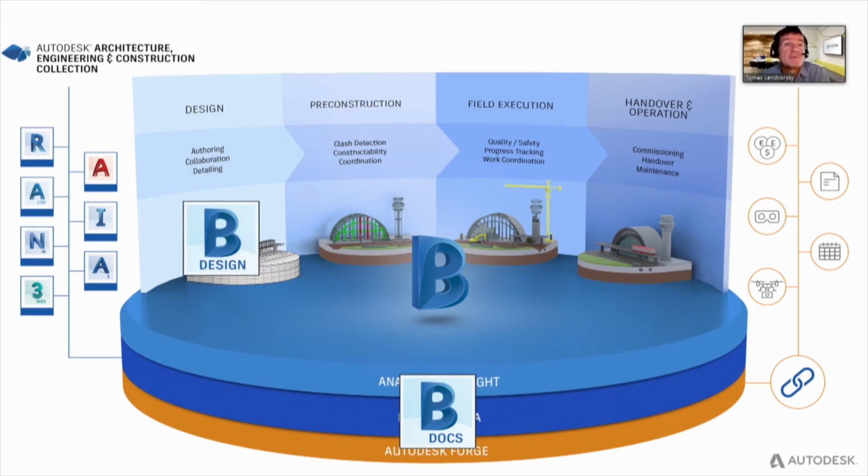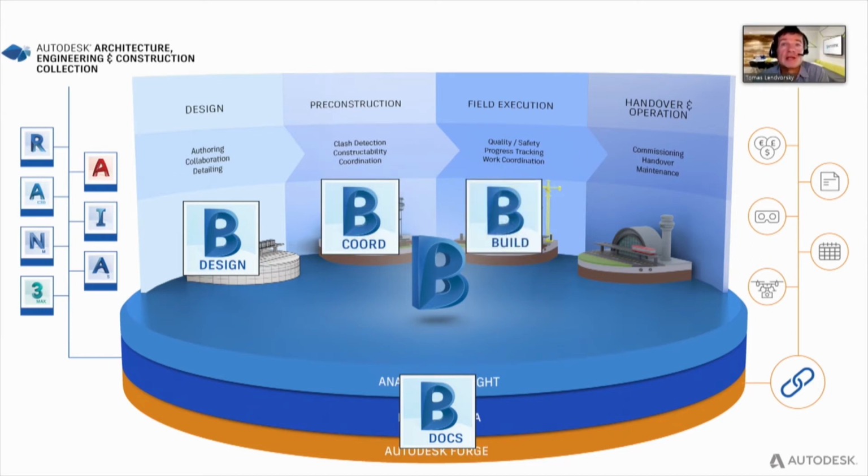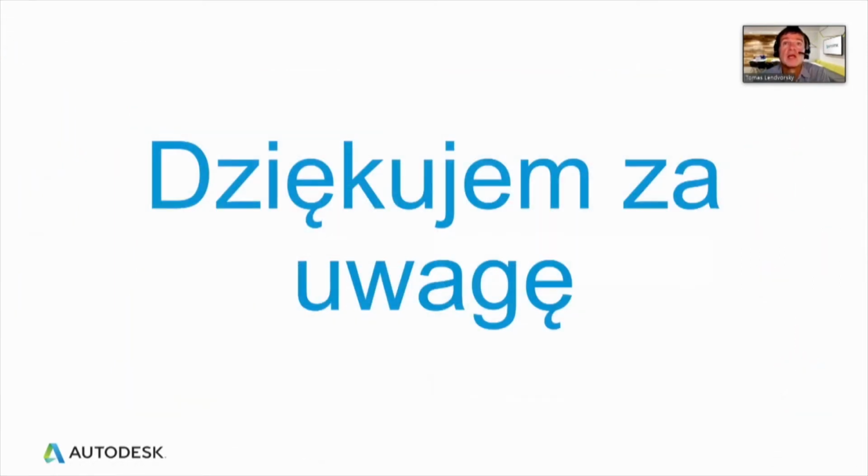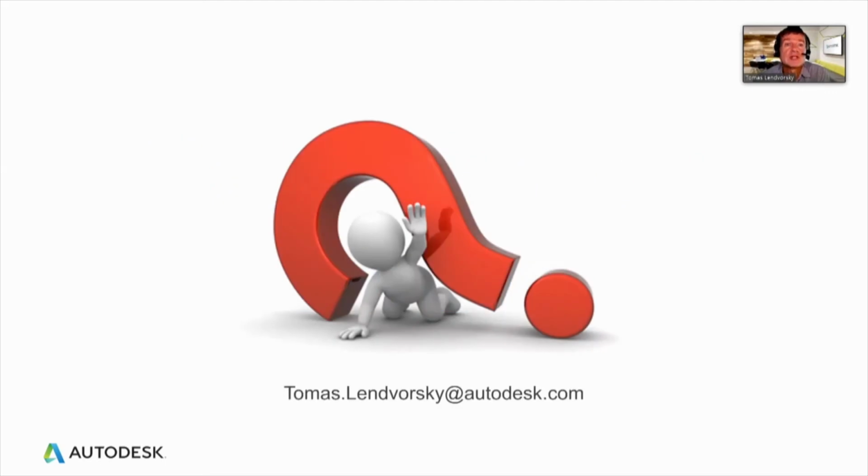For design purposes, we have another module called BIM 360 Design. For coordination, we have BIM 360 Coordinate. For field execution, which I didn't cover here, there is Build, and for handover and operation, Docs. So just very quickly, we have different modules which fit different life cycles of the projects, and obviously different demands, because a designer definitely has different requirements than a person working on the construction site.